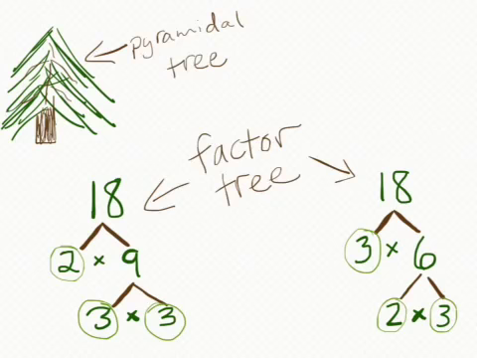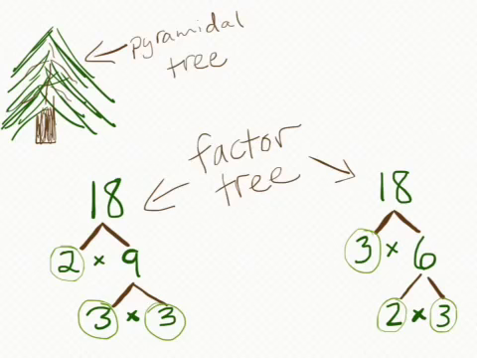Now, what do you notice between the two trees? You might notice that they both started with 18. Look at the ends of the branches. There's a 2, there's a 3, and there's another 3.